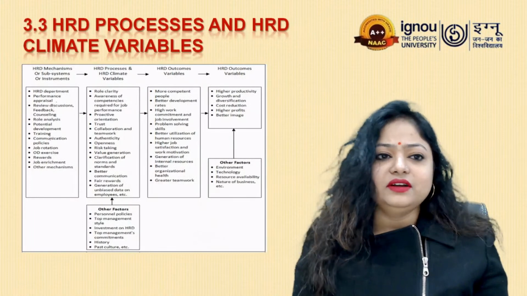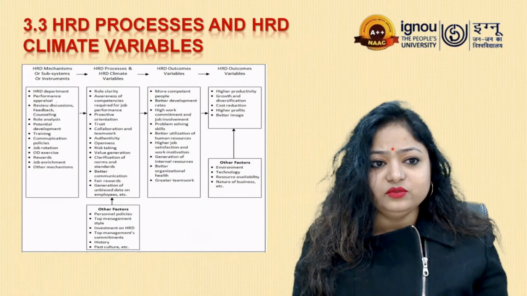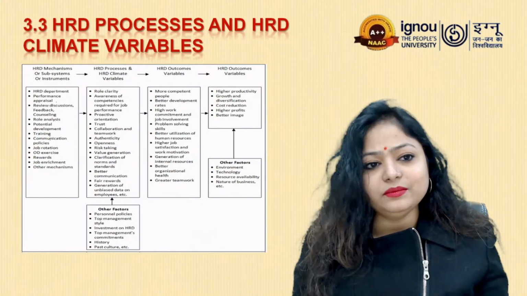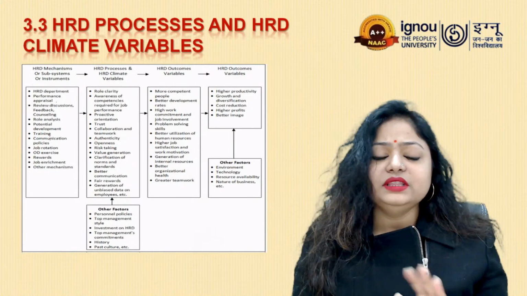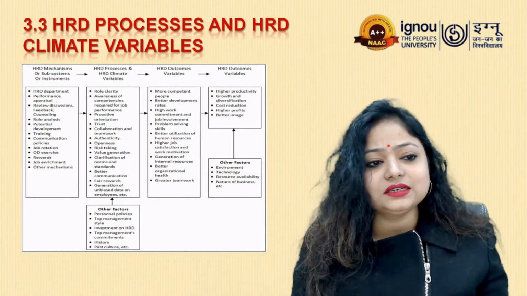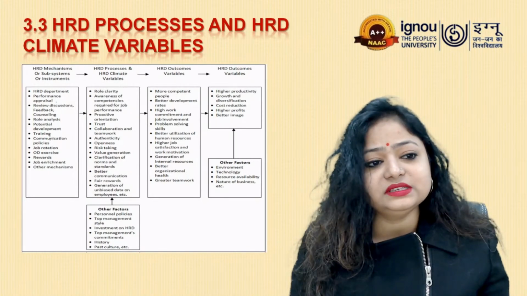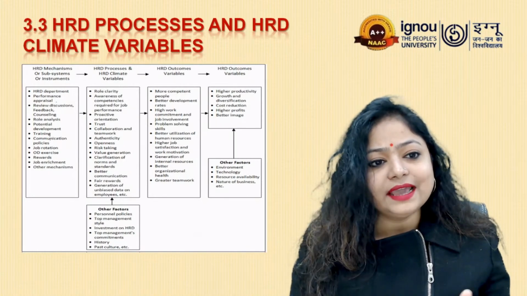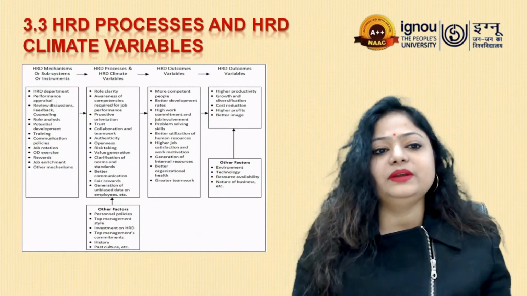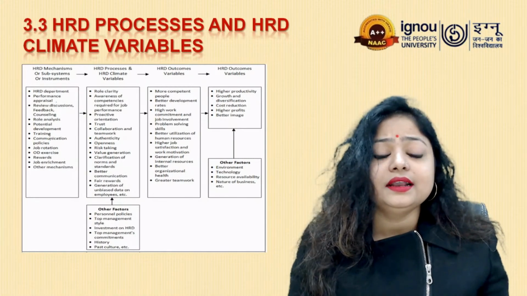Now that we have understood the HRD processes and its background, we see what the climate variables are. Now, I would like you to recall that in the last class we have seen that HRD mechanisms or subsystems or instruments are there which can be used further to implement the HRD process and create an HRD climate.